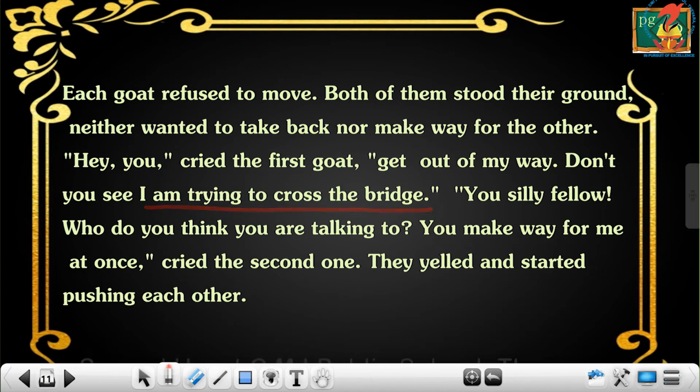So that was what the first goat said. Now the second goat. You silly fellow. Repeat. You silly fellow. Who do you think you are talking to? Repeat at a stretch. Repeat together. Who do you think you are talking to?